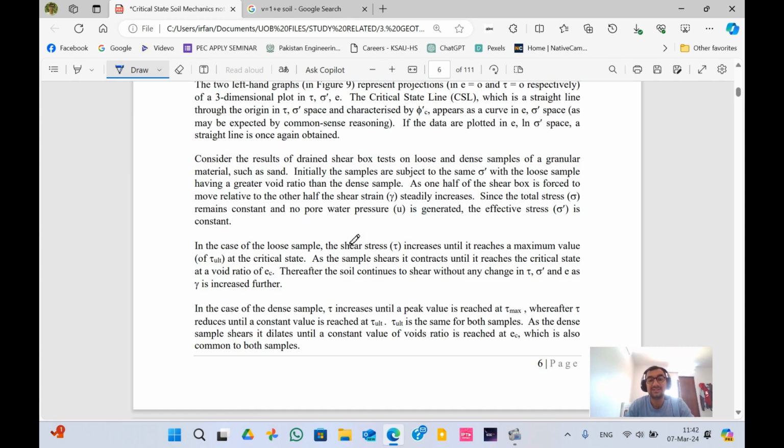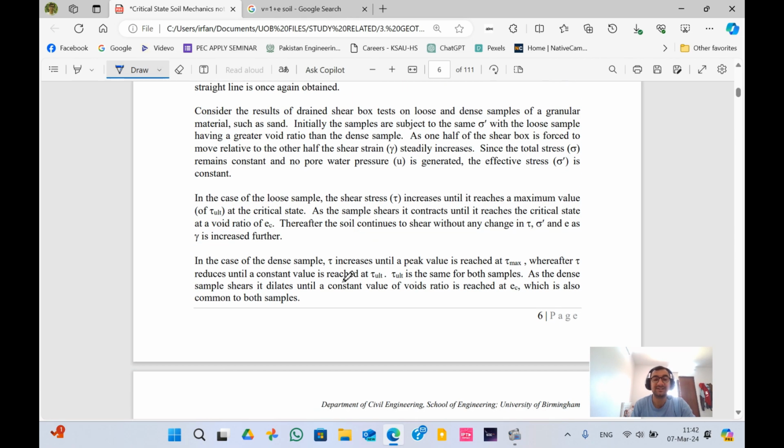The shear stress increases until it reaches the maximum value, the ultimate. Shear stress will keep on increasing until it reaches the critical state. As the sample shears, it contracts until it reaches the critical state at the void ratio e_c, which is called the critical void ratio.